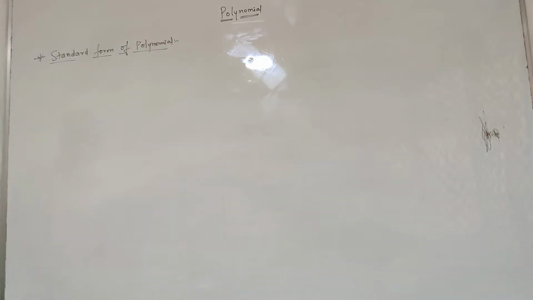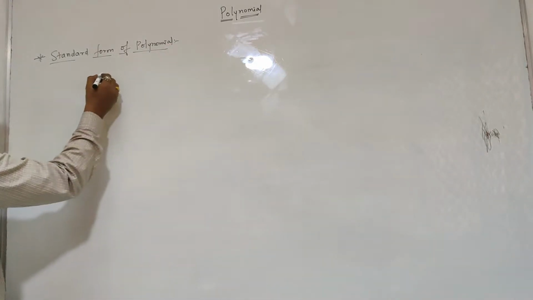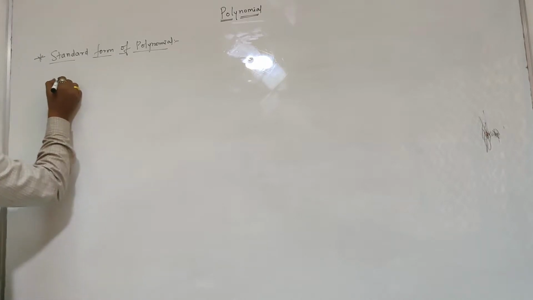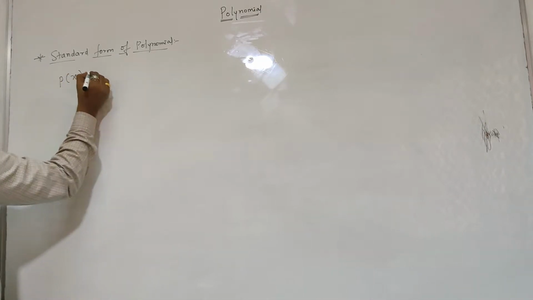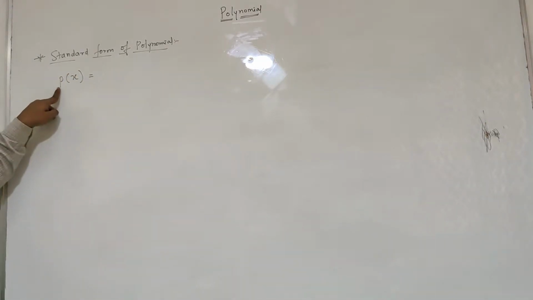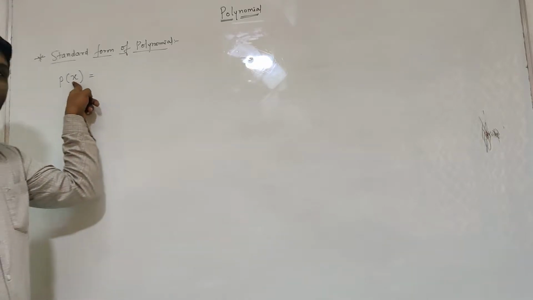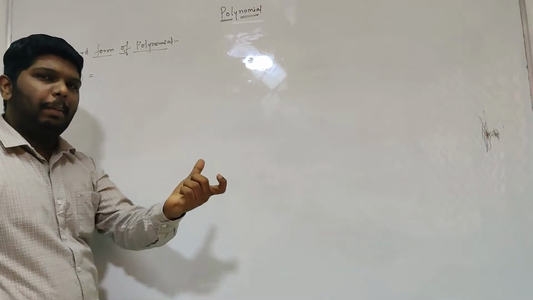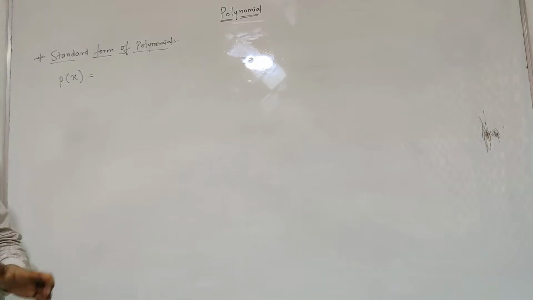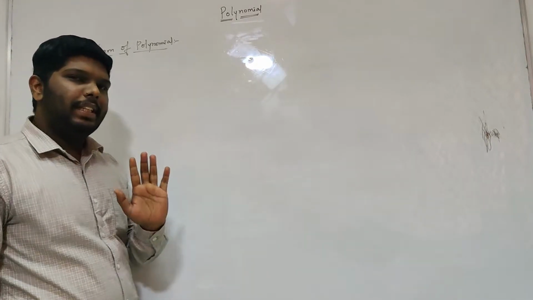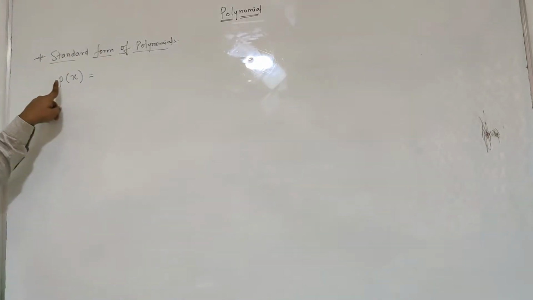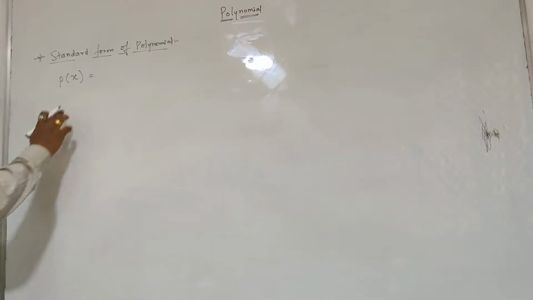Now, any polynomial can be represented as f of x or p of x. Okay, so let us say our polynomial is p of x. It means the given polynomial is in terms of x, meaning the main variable will be x. So in this chapter we are going to deal with polynomials with a single variable only. Okay, so p of x stands for a polynomial in terms of x.